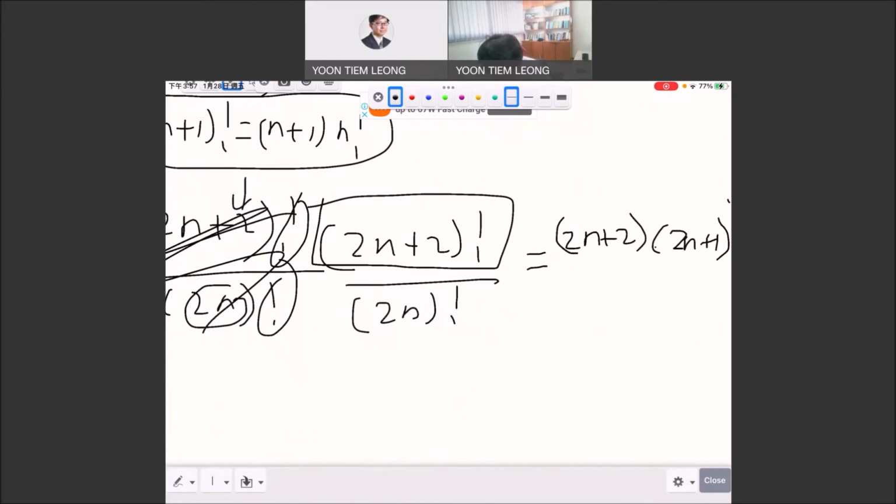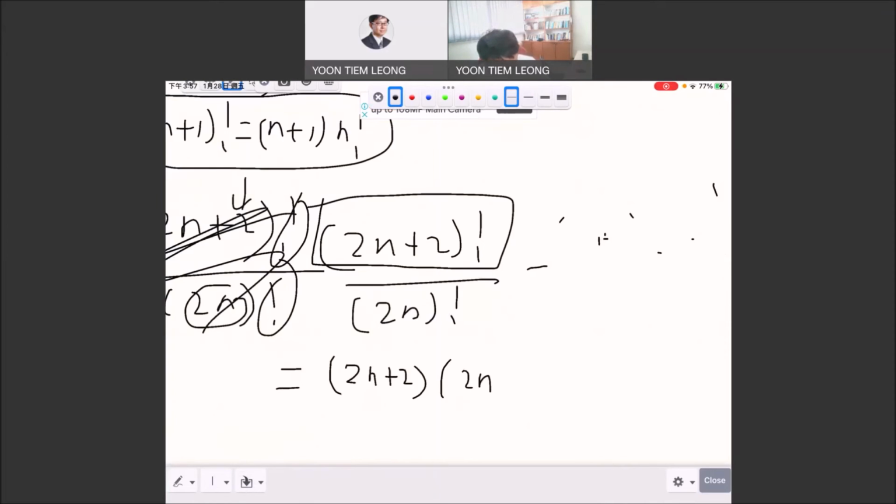That is equal to 2n plus 2 multiplied with 2n plus 2 minus 1 factorial, because I have released one term from 2n plus 2 factorial. So you have one term less in the original factorial. Divided by 2n factorial. So downstairs is not changed.